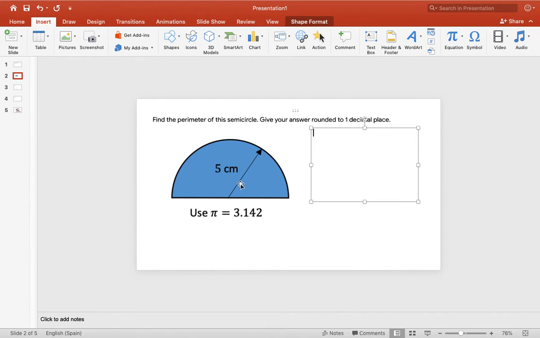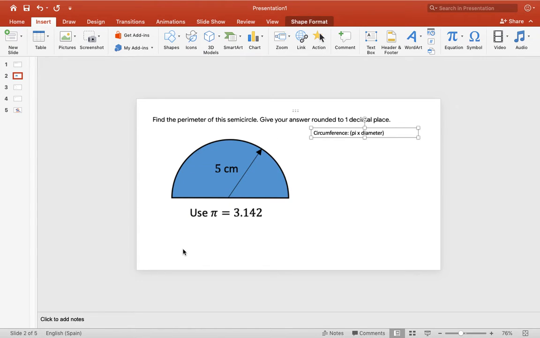The first thing you need to do is find out what the arc length is, and this is linked to circumference. So the circumference of the whole circle is going to be the following: pi times diameter. However, we have got half a circle, therefore we want to find the circumference of just half a circle.